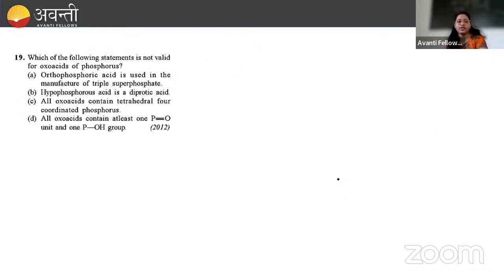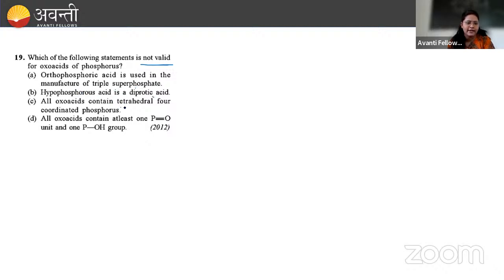Right. Yeah, next, which of the following statement is not valid for oxo acids of phosphorus? So oxo acids of phosphorus, we have seen about phosphonic as well as phosphinic acid, H3PO3 as well as H3PO2. Which of the following statement is not valid? Orthophosphoric acid is used in the manufacture of triple superphosphate. Hypophosphorus acid is a diprotic acid.